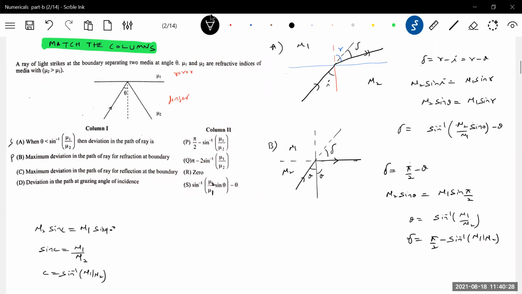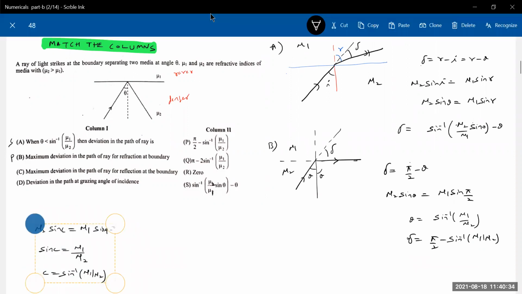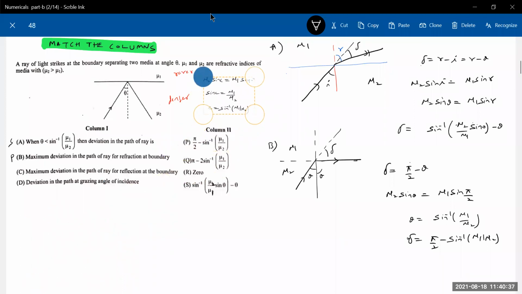Maximum deviation, the path of ray for reflection at the boundary. Reflection at the boundary means this is the data, no? We'll keep it here.